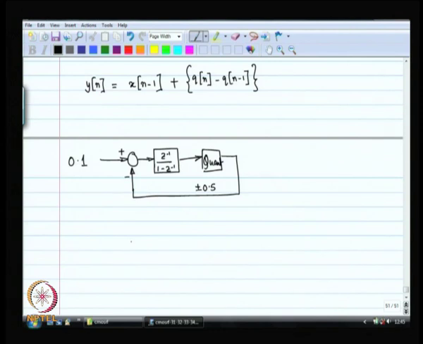So, let us do this system. Let us say that the initial quantizer output is plus 0.5, and initially what I have got over here is 0.5, that is the initial value at the input of the quantizer.